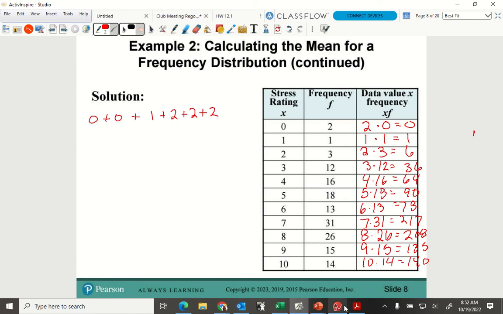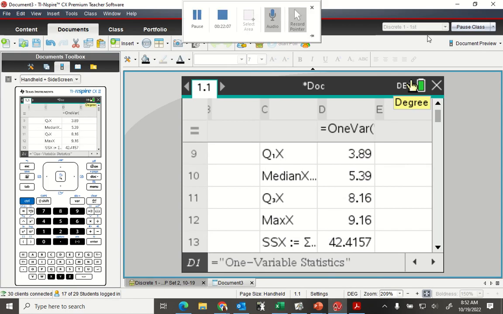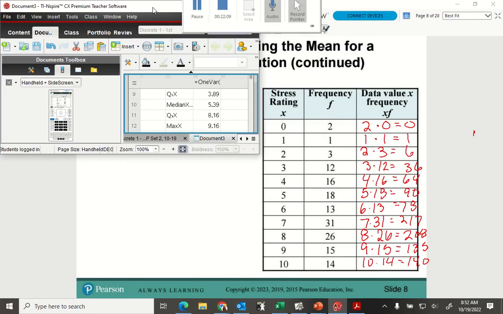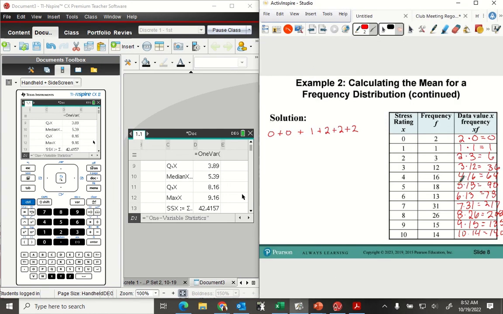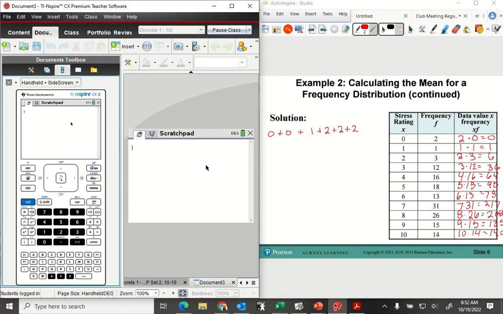So let's go back to my scratch pad. So I'm going to do the same thing like I did the first time. Control divide. So on the top of my fraction, I'm going to add together all these numbers I just did.